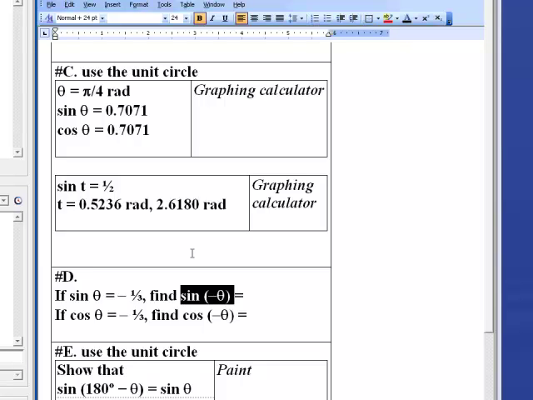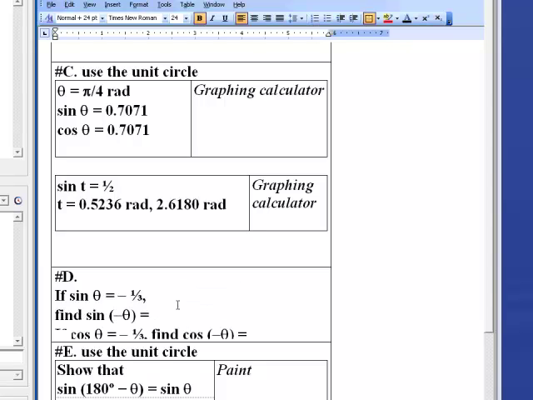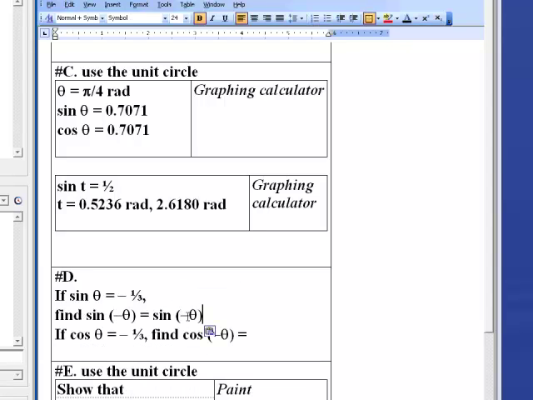Well, sine is an odd function, so sine of negative theta is the same as negative sine of theta. Sine of theta is negative 1/3. With another negative in front of that, it becomes positive. So we come up with 1/3.